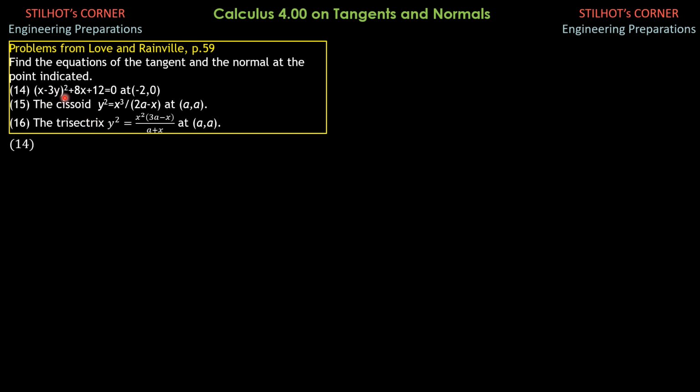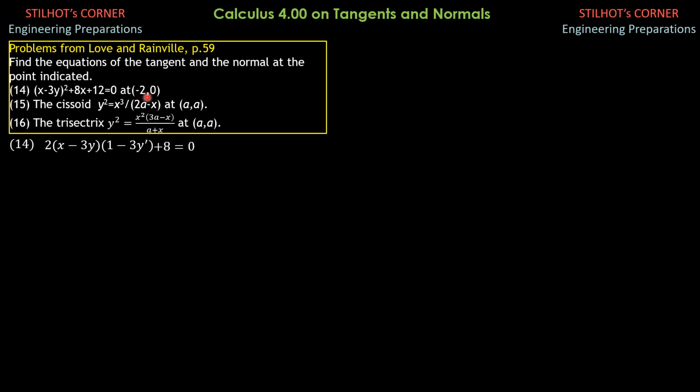So this is the power rule. We have 2(x - 3y) raised to 1, times (1 - 3y'). The derivative of x - 3y is 1 - 3y'. Then the derivative of 8x is 8, so plus 8, and the derivative of 12 is 0, so equals 0.